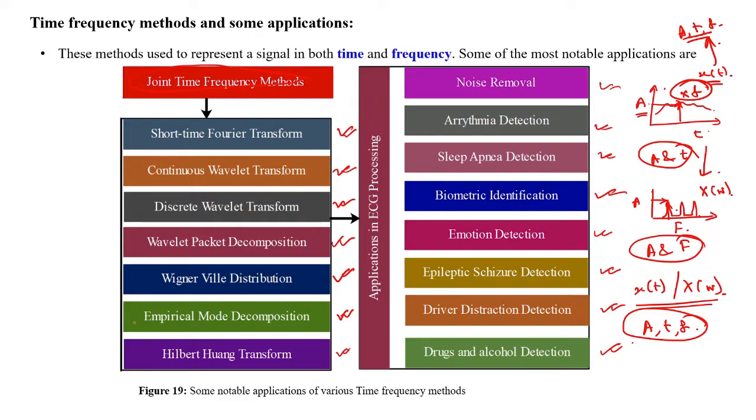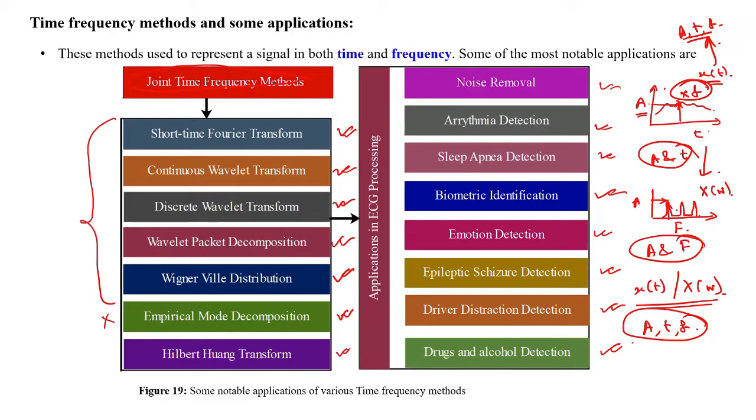I don't think we will be covering empirical mode decomposition, the EMD, but we will be covering the other methods, and we will see how joint time frequency analysis allows us to locate the amplitude, the time, and the frequency of a signal.